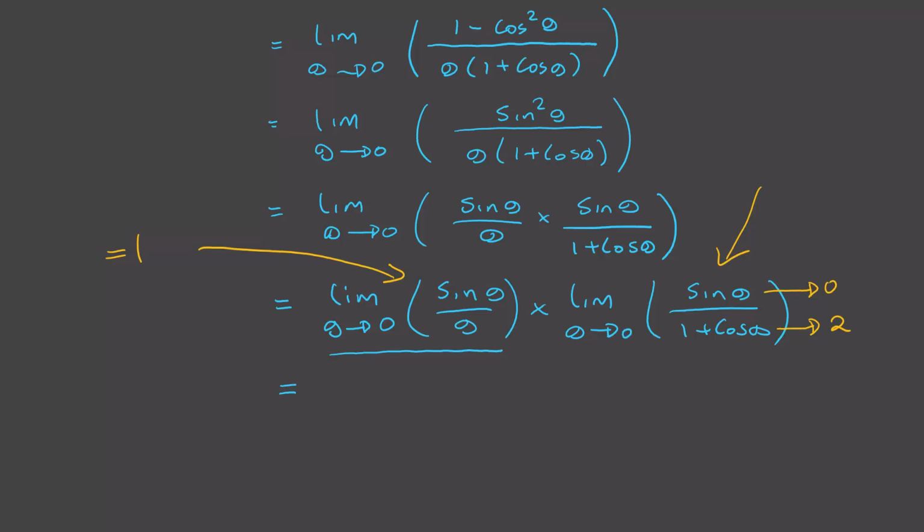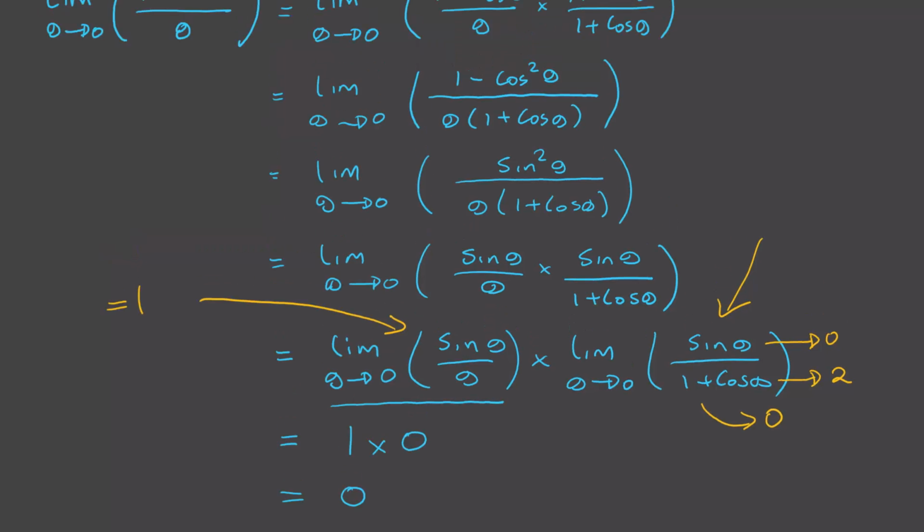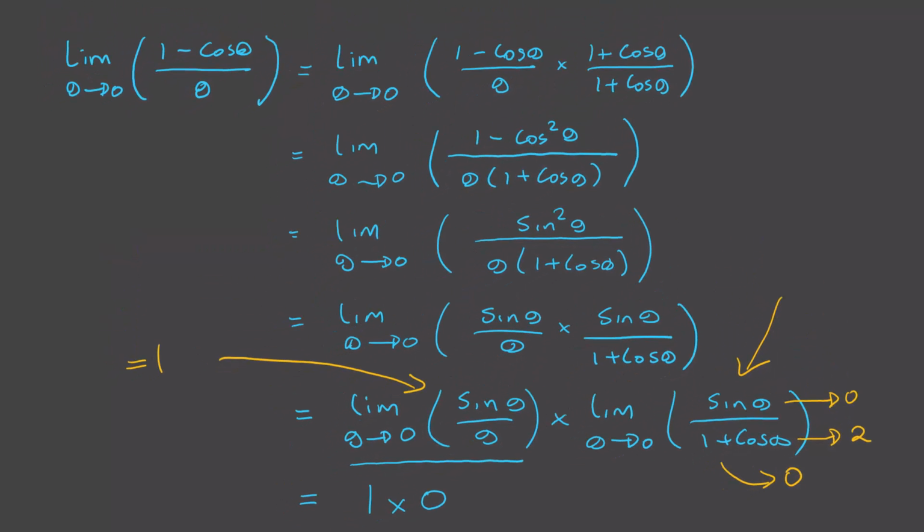So that means overall that this is going to tend to 0. So what we have here is essentially 1 times 0, which is 0. So what have we established here? This limit, which we said would be important in differentiating from first principles, we've established that that limit is 0.